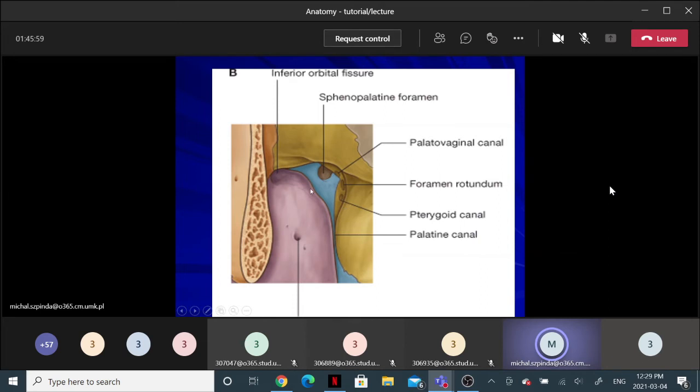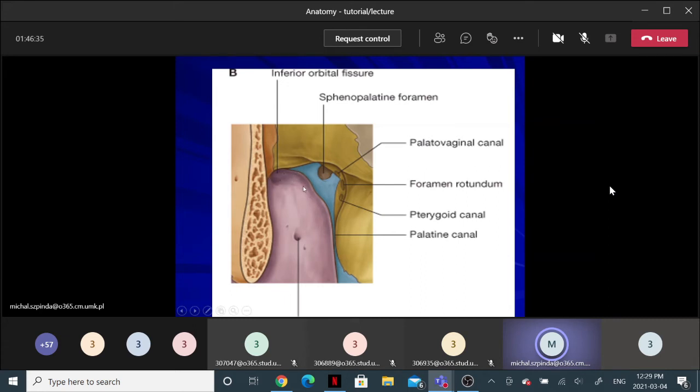And these two elements both flex at right angle, flex forwards, and enter and form the orbital floor. So both the maxillary body and orbital process of palatine bone contribute to the inferior orbital wall, its fundus.